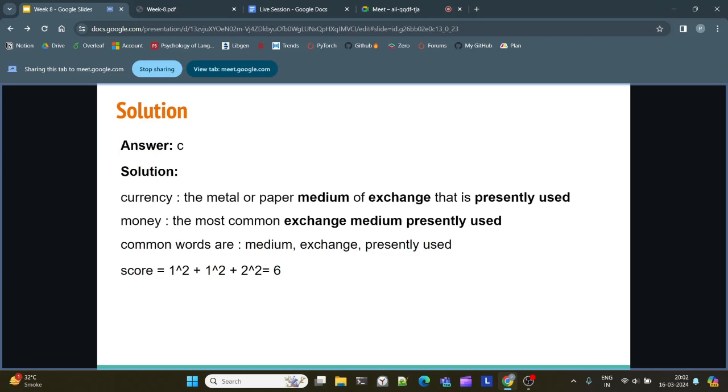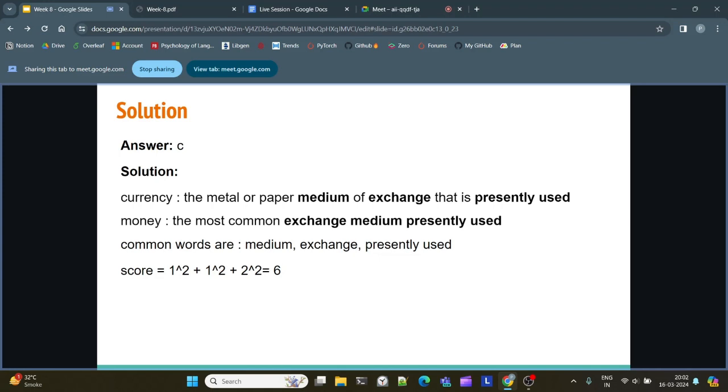We are matching the sentence of currency with the sentence of money. We have taken medium as a unigram and exchange as a unigram, and for the bigram we found only presently used together, so we have taken the value 2.